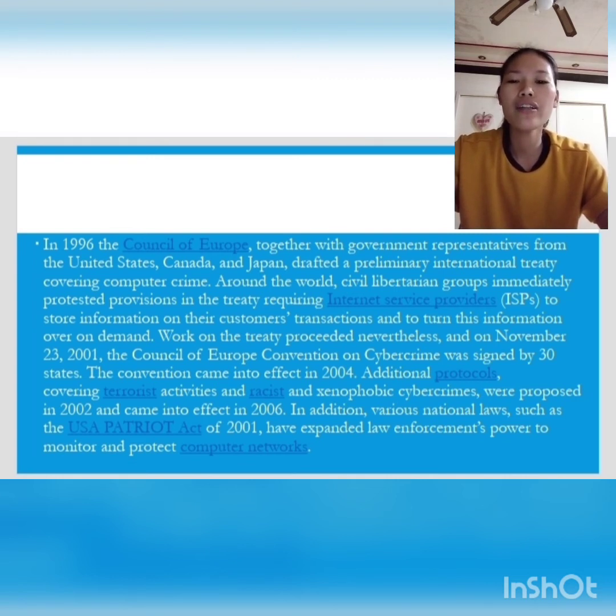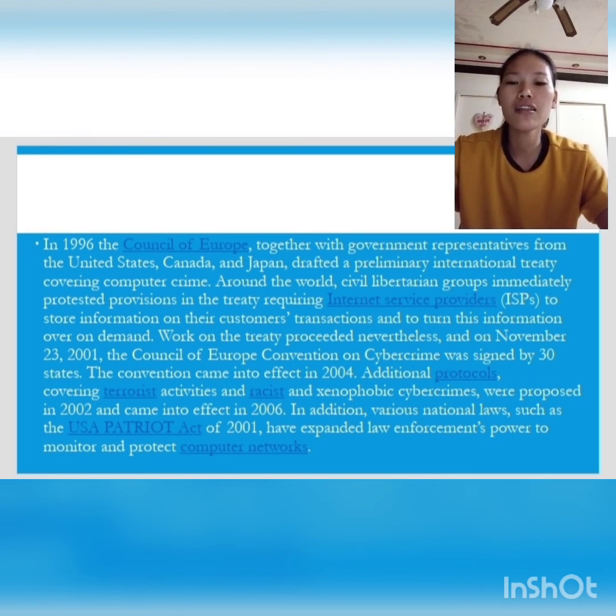Work on the screening process continued nevertheless. On November 23, 2001, the Council of Europe Convention on Cybercrime was signed by 30 states, and the convention came into effect in 2004.